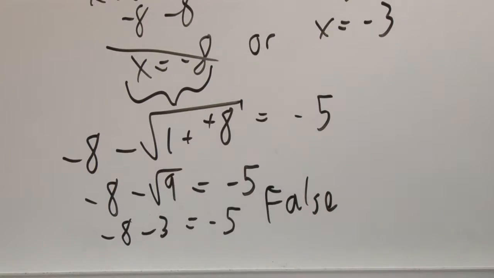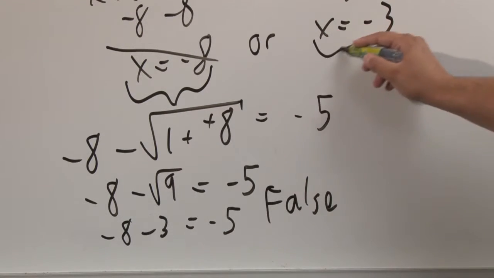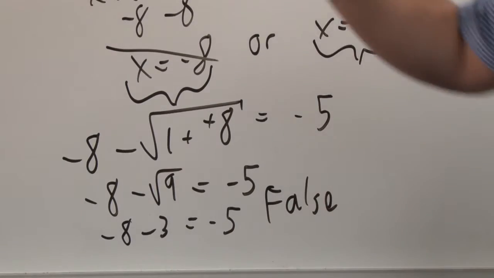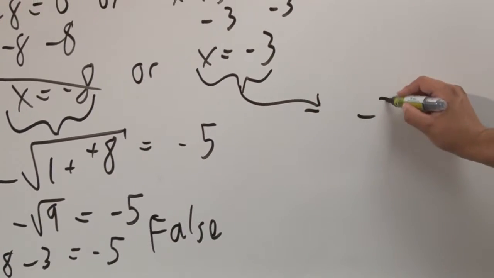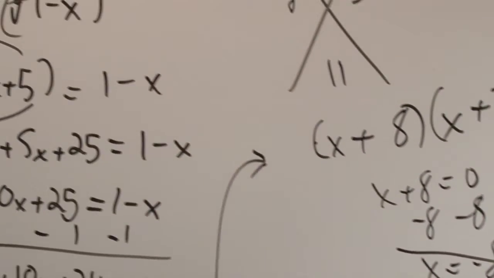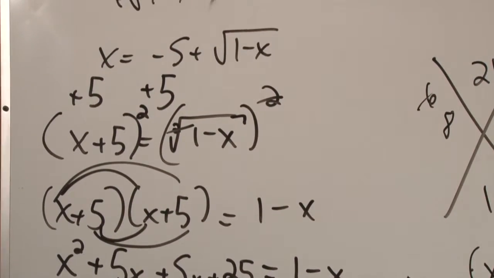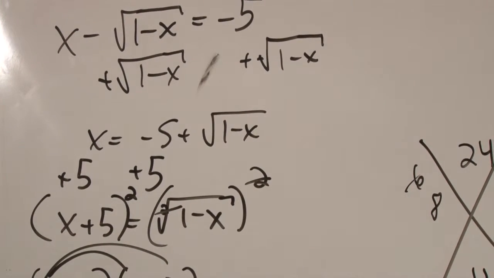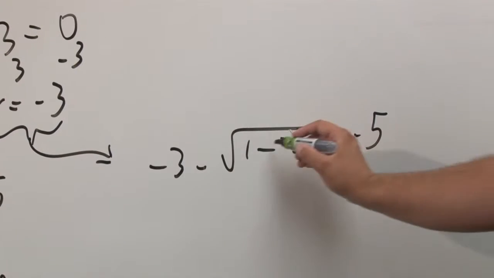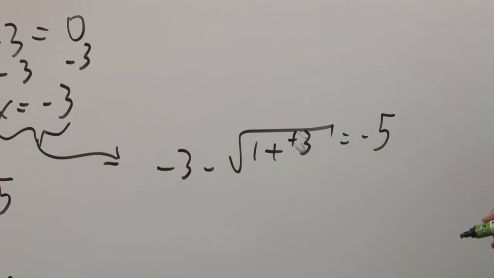You probably will only find one in a lot of the work you do, but we still want to try the other one. So I'll try the 3, and I'll check that one over here. So negative 3 minus square root 1 minus negative 3 equals negative 5. All right, same thing as before, negative, negative there, that works out.